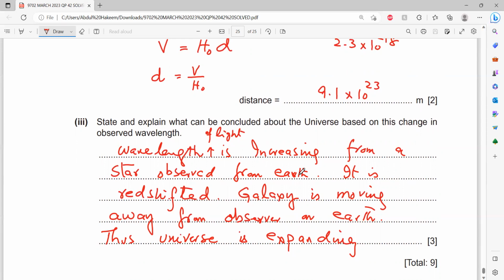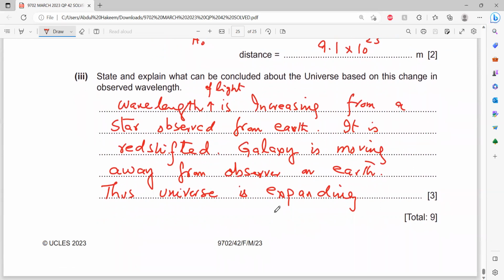This increase in wavelength is called the redshift phenomenon, in the Doppler effect. In redshift, the object is moving away from the observer. So the galaxy or the star is moving away from the observer on the Earth. Thus, the evidence is that the universe is expanding, which is called the Big Bang theory. So this is the paper.